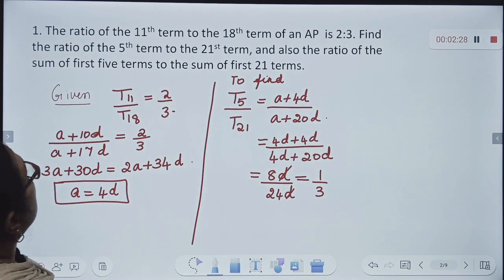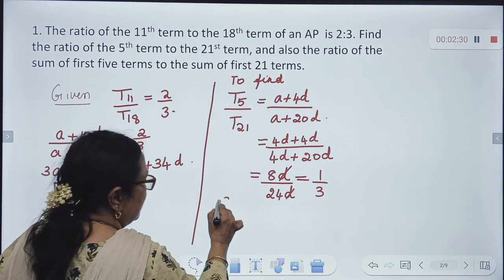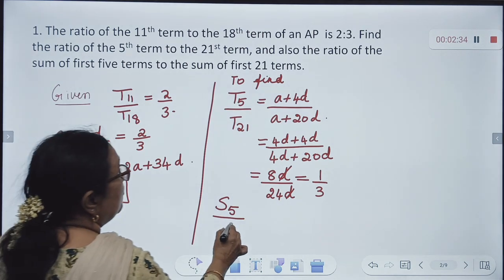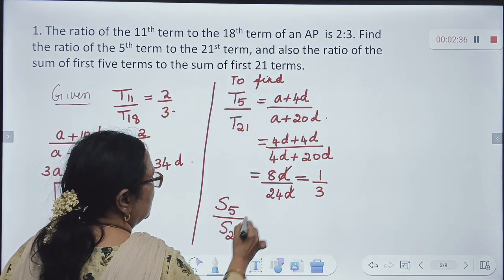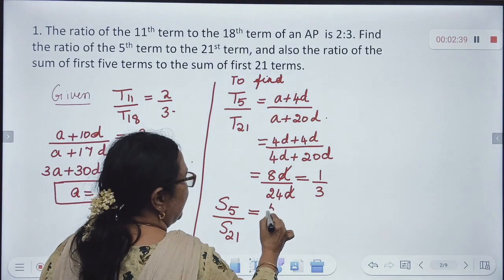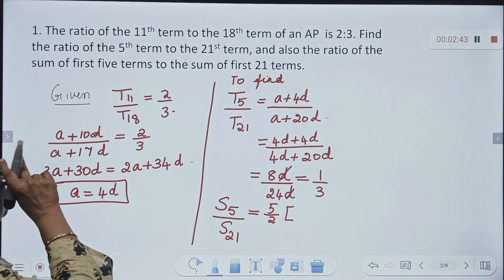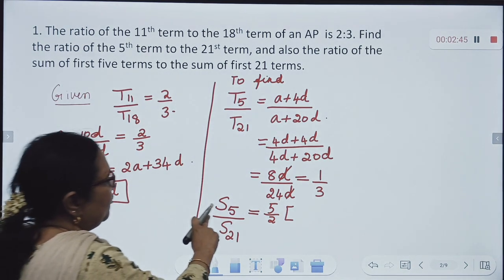Now find the ratio of the sum of the first 5 terms, which is S5, to the sum of the first 21 terms. This is 5/2, right? So what is the formula?